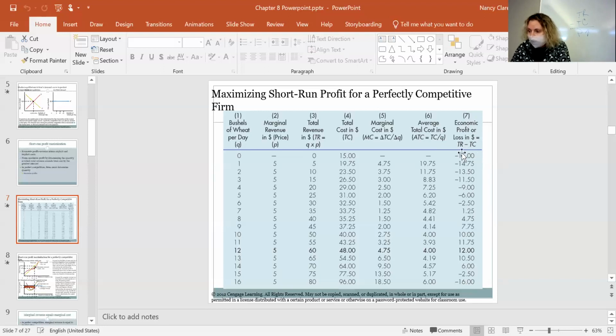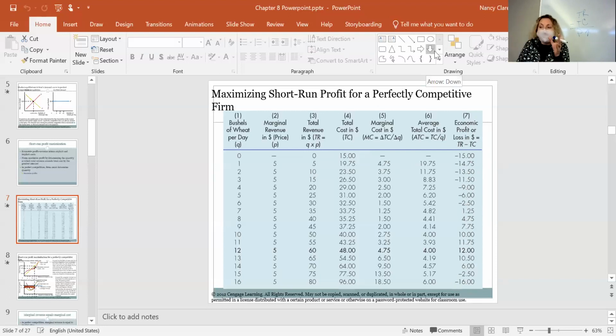So we see that we experience a loss because 0 minus 15 gives us negative 15. 5 minus 1975 gives us a negative 1475. We can see that we experience losses. Those losses go down. We begin to see a profit. We actually get to some peak with our profit, and it begins to taper off again.